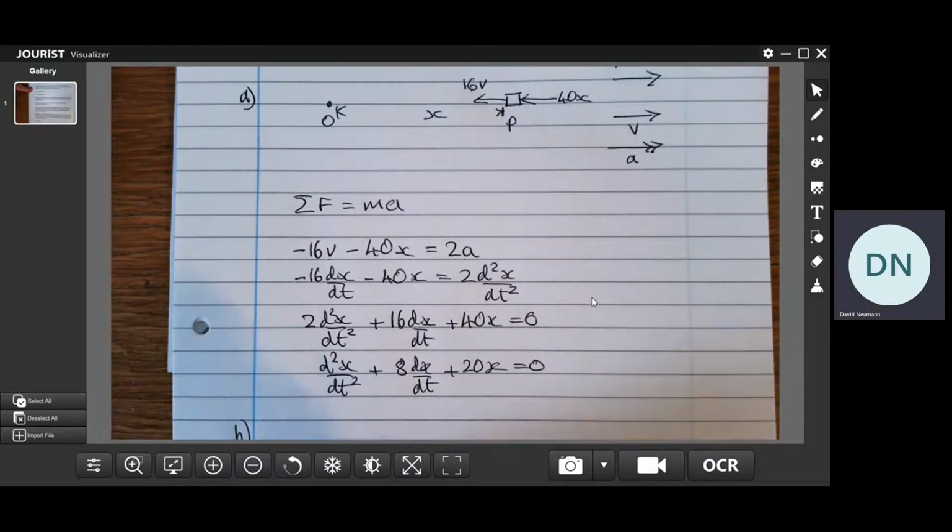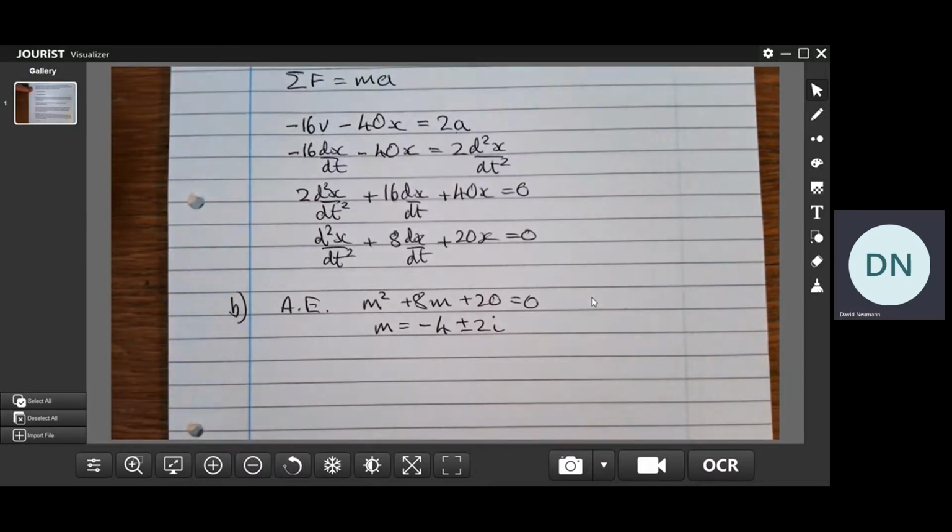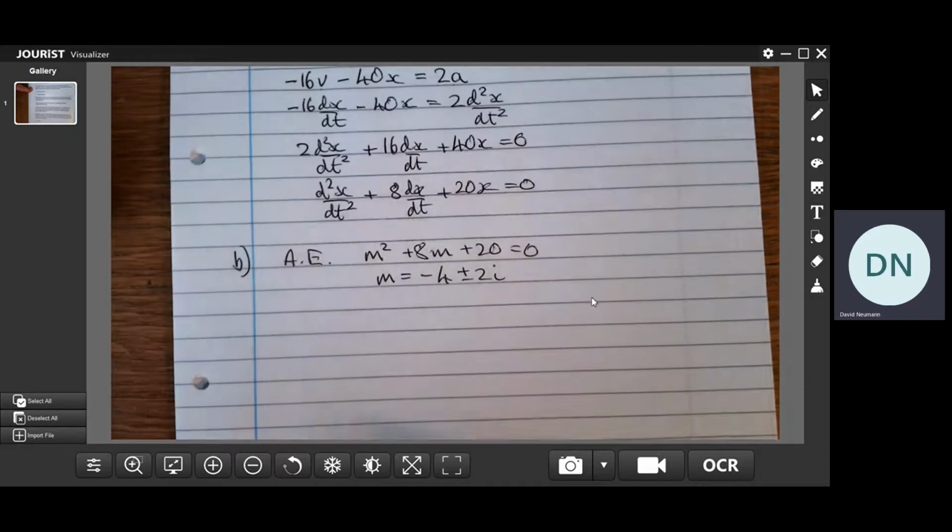So let's say the auxiliary equation is m squared plus 8m plus 20 equals 0, and the solutions to that are m is equal to minus 4 plus or minus 2i. You can check that yourselves. I'm not going to go through that in any further detail right now.